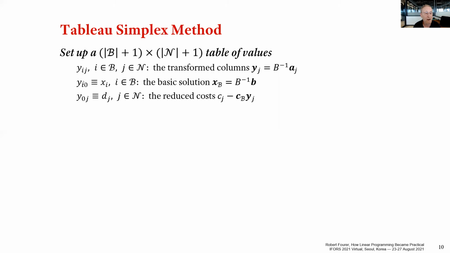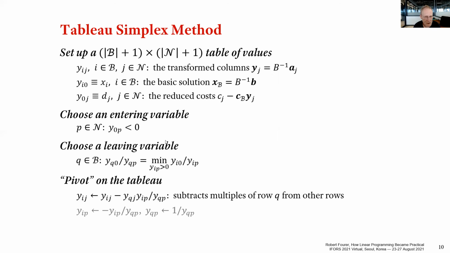And there's actually one extra row and one extra column added to that. So you have this big table that you need to set up. And then if you look at all the computations involved here, the main one is this pivot, which involves subtracting a multiple of one row of this big table from all the other rows. So that dominates the work.